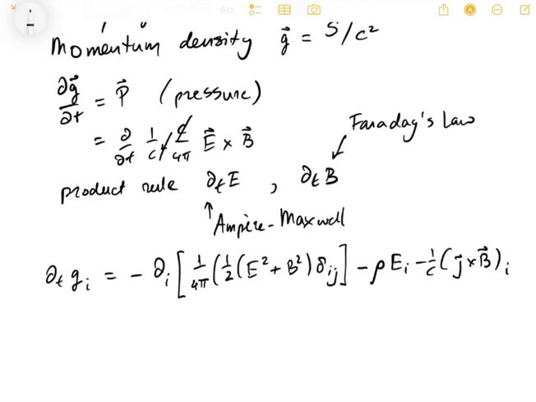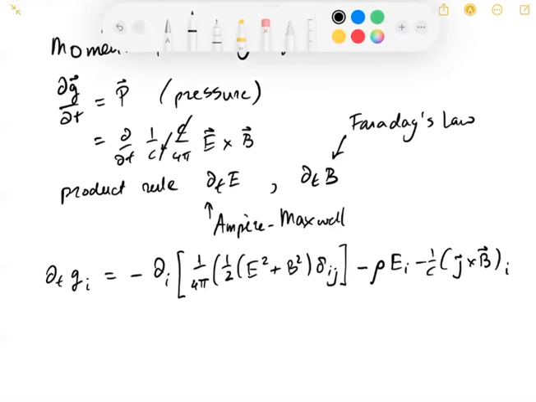Okay, now let's point out some things. This is the easiest one to see. This is static energy pressure.